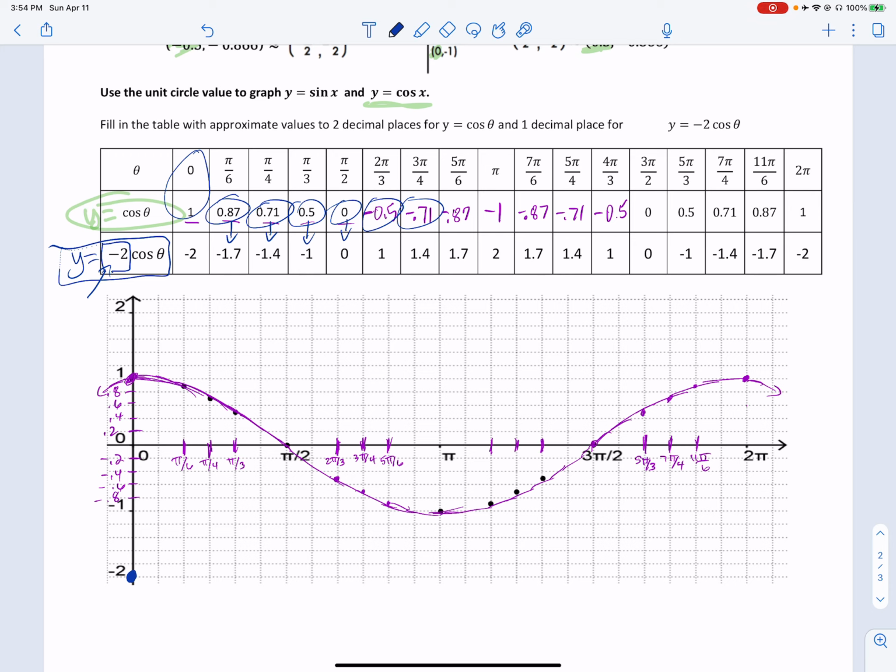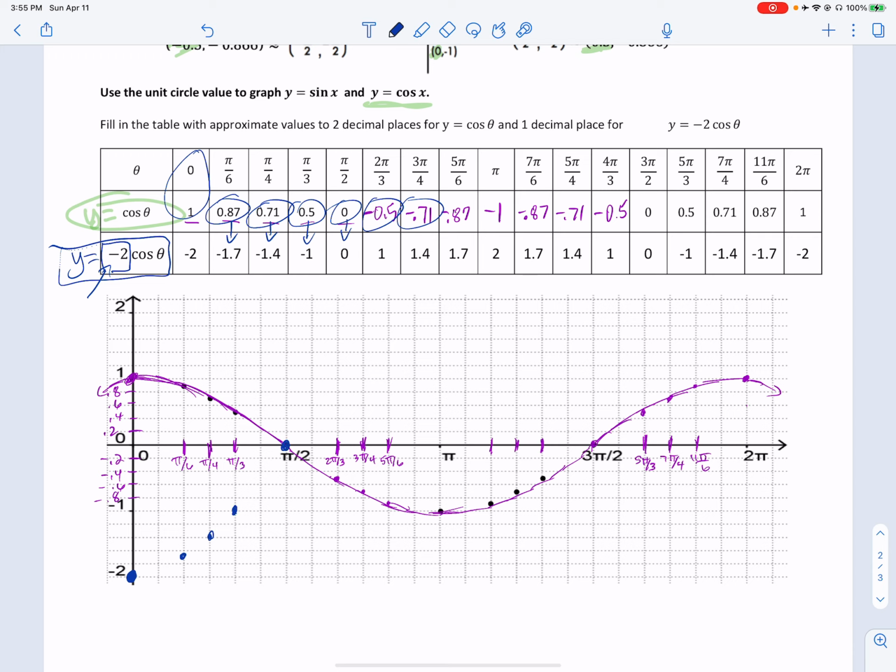At pi 6, you're at a negative 1.7. So that's about here. And for pi 4, you're at a negative 1.4. And at pi thirds, you're at a negative 1.